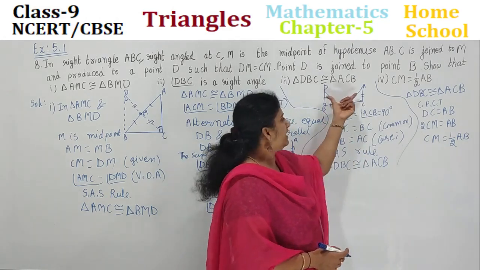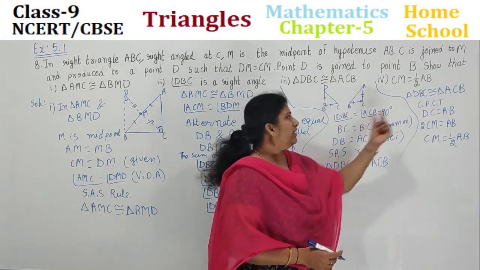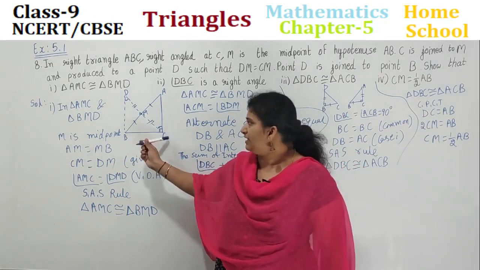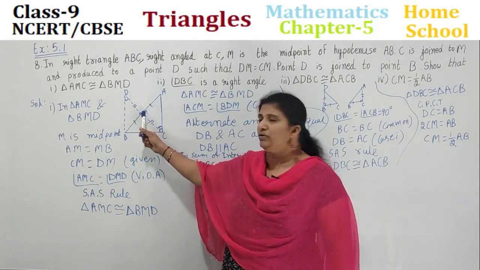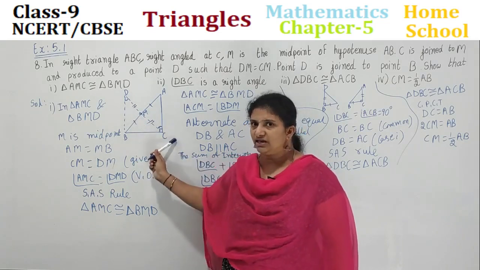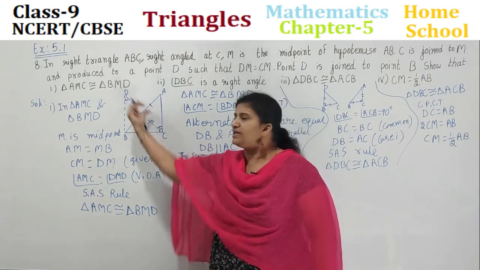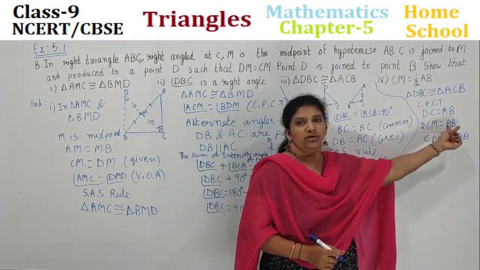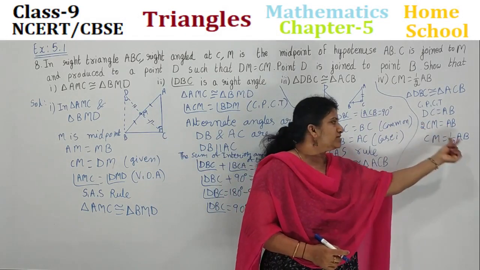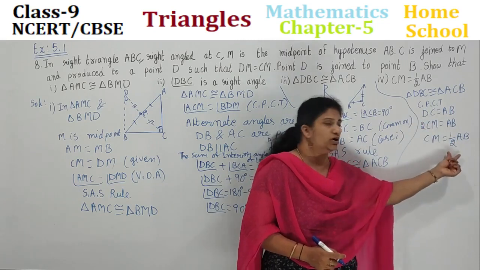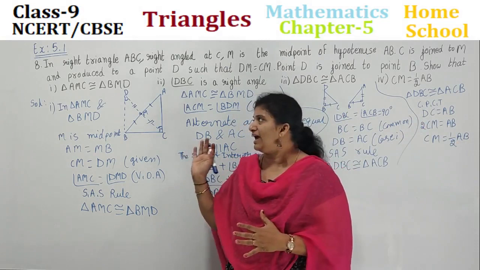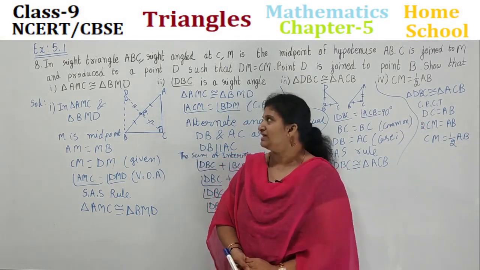If DC is equal to AB, what is DC? They have said M is a midpoint. DM is equal to MC. So can we write DC as 2 times CM? Yes. 2 times CM is equal to AB. And if you send this 2 to the other side, CM is equal to half of AB. With this, this exercise ends.